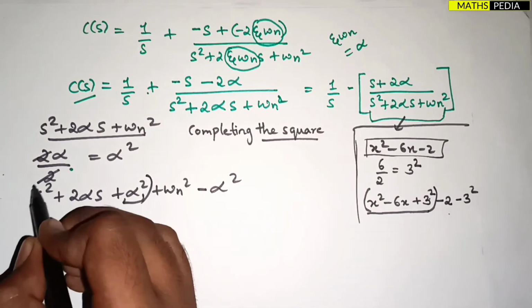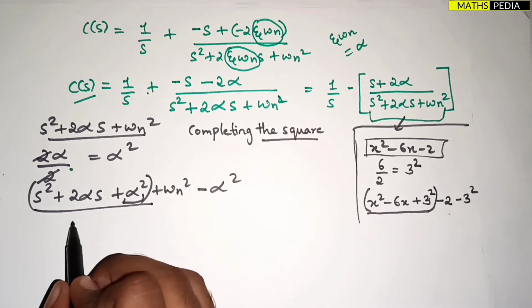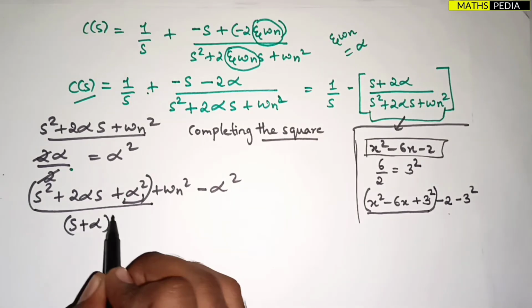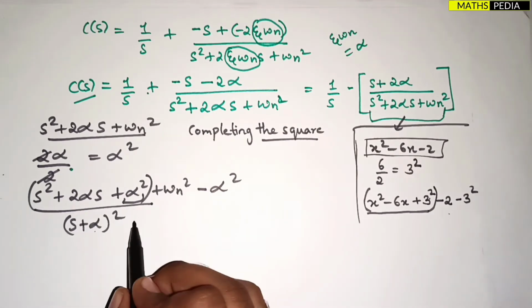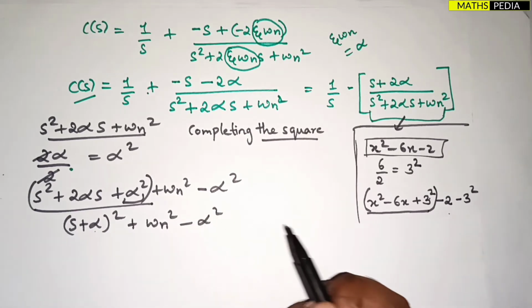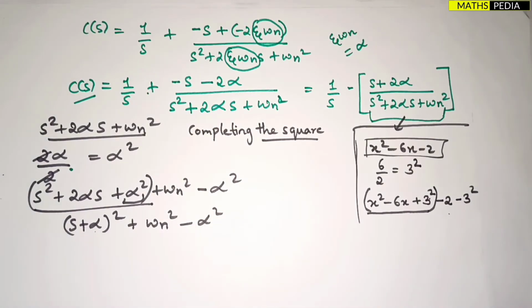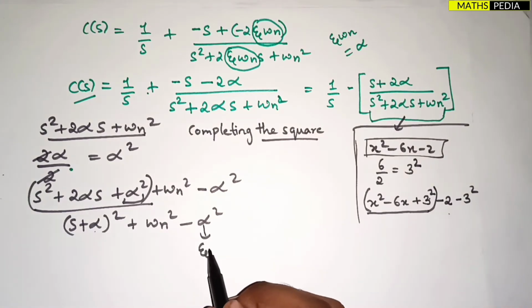Now when I combine these 3 terms, as you can observe, this is nothing but s plus alpha the whole square. Carefully see, this is nothing but s square plus 2 alpha s plus alpha square. What is remaining? Omega n square minus alpha square. Simple. Now what is alpha? Alpha we have assumed is zeta omega n, correct?